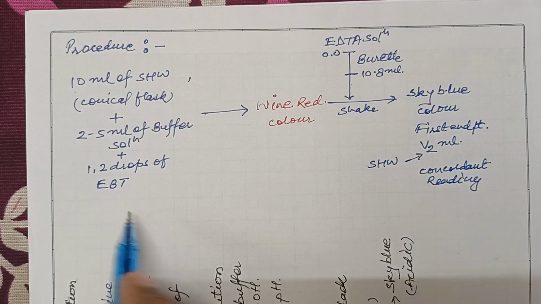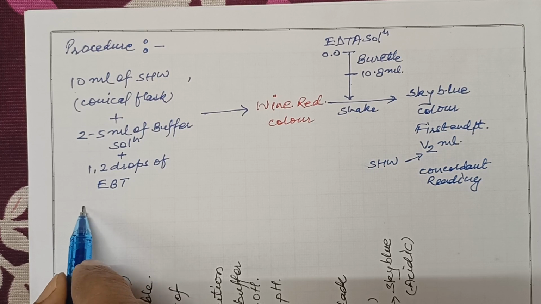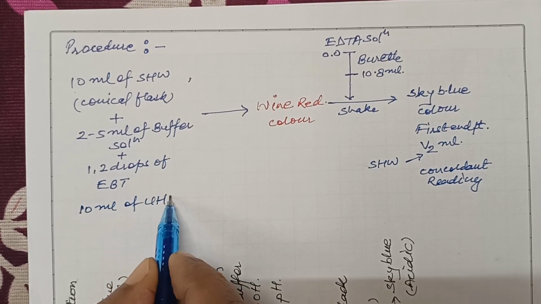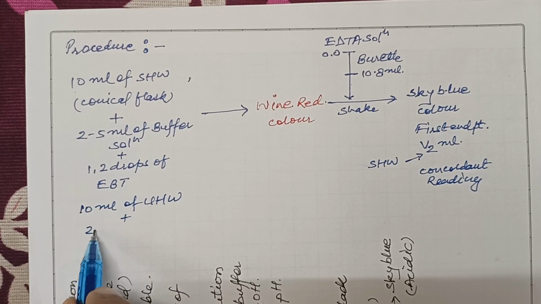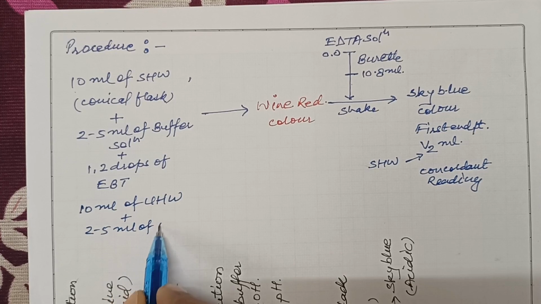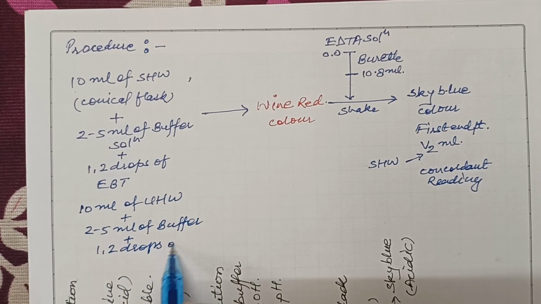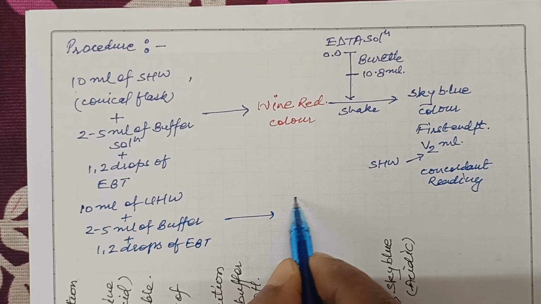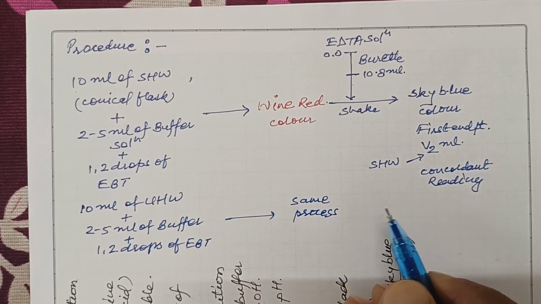After that, we apply this whole process with the unknown hard water sample, 10 ml of unknown hard water sample, of course in a conical flask, plus 2 to 5 ml of buffer solution, and 1 to 2 drops of Eriochrome Black T indicator, and we repeat the same process as we have done earlier.